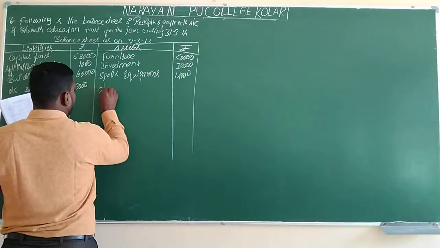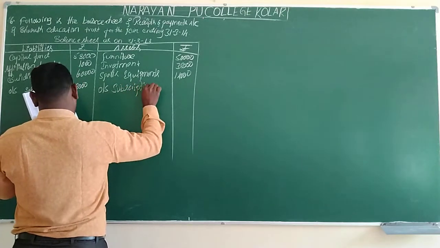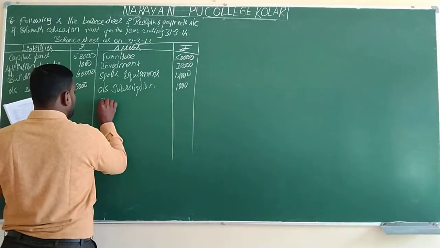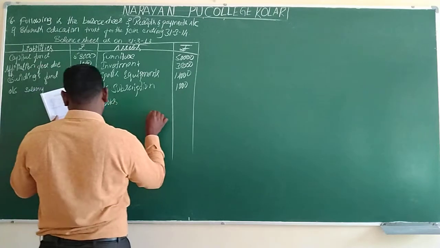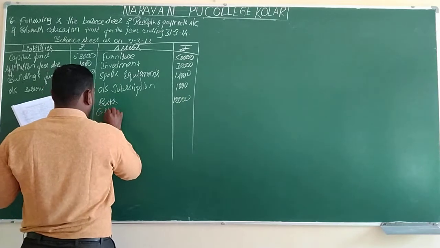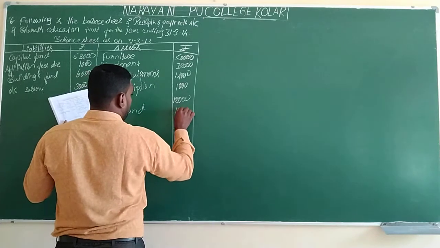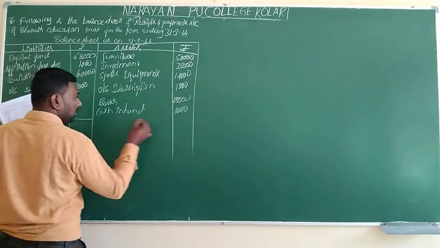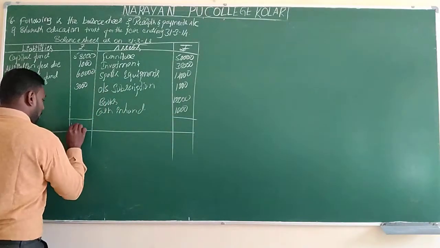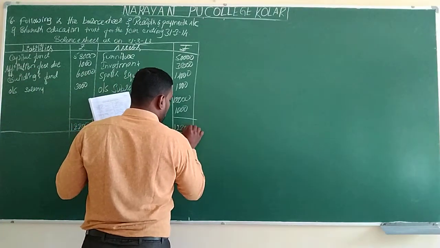Subscription outstanding 1,000. Books 18,000. Cash in hand 1,000. Balance sheet total 1,22,000.